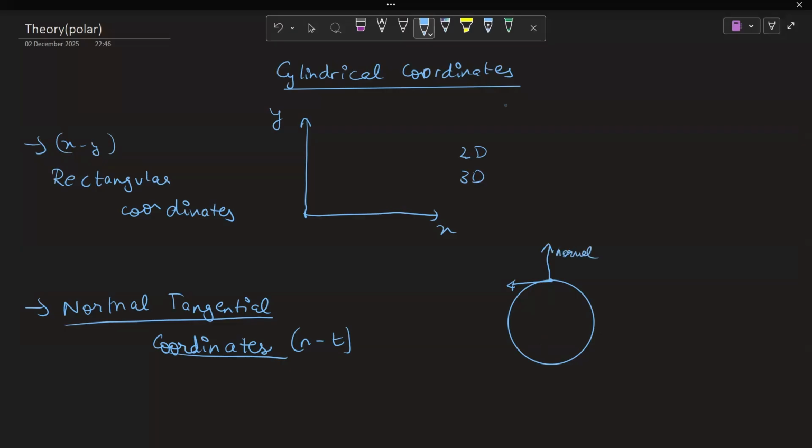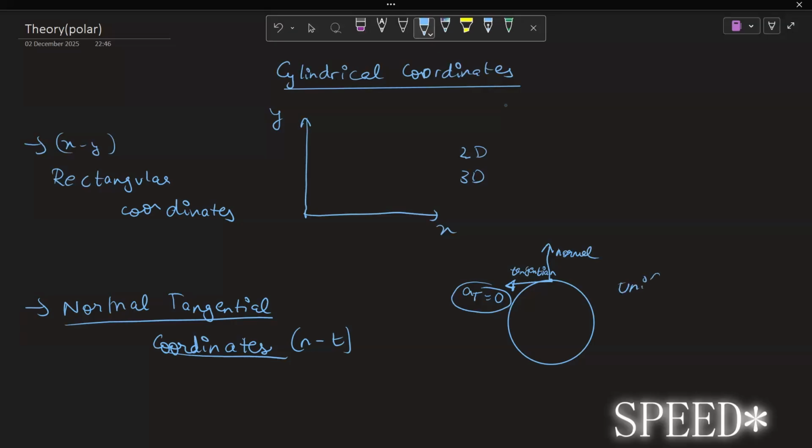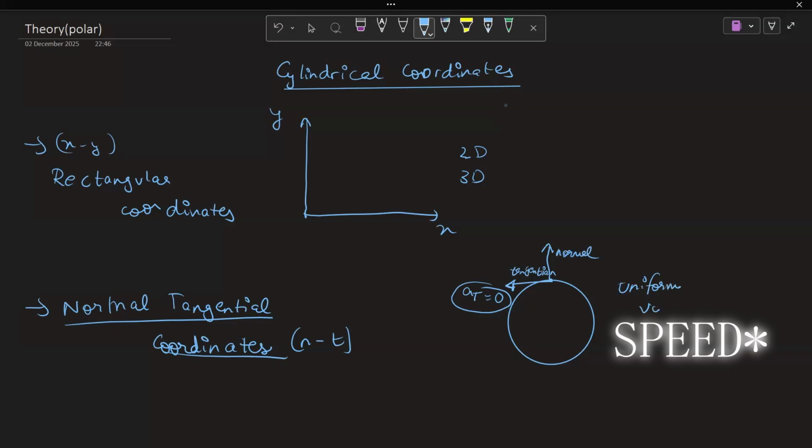And we know that in a uniform circular motion, the tangential acceleration is zero. So that is why it moves with a uniform velocity. All that we have studied before.